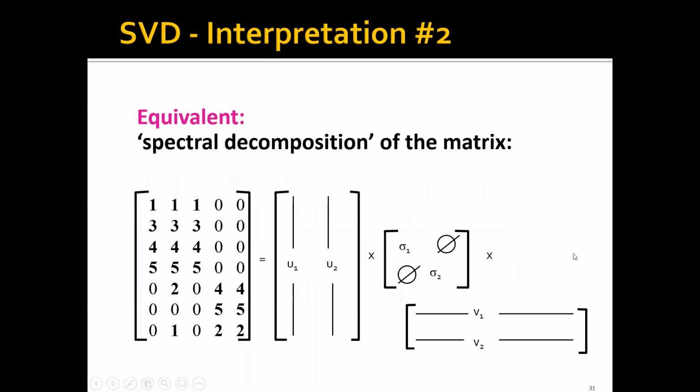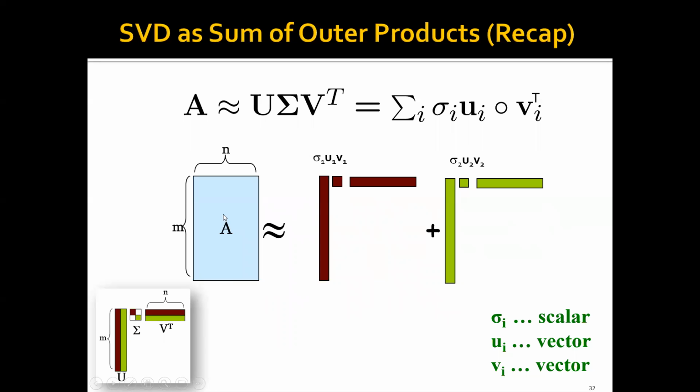And note that the SVD is actually equivalent to a spectral decomposition of the matrix. Specifically, SVD can be seen as a sum of outer products. For example, the matrix A can be seen as the sum of several terms, and the first term is simply sigma 1 times U1 times V1, and the second term is sigma 2 times U2 times V2.